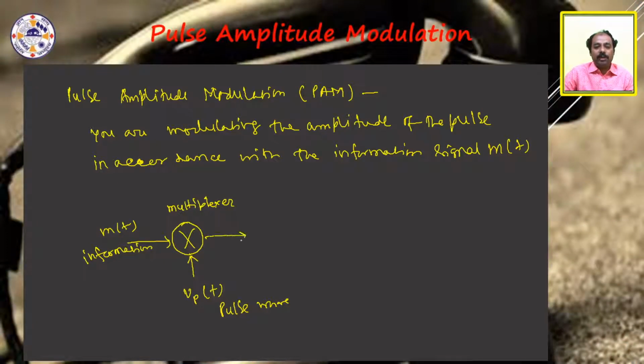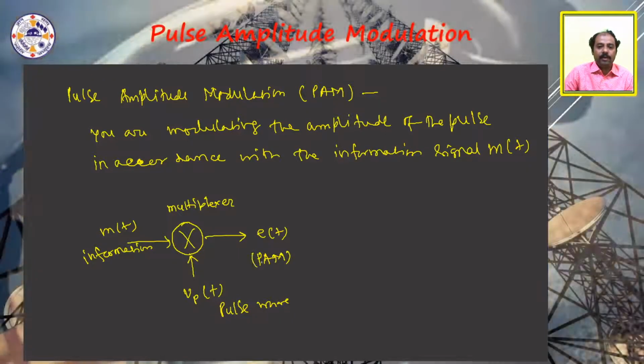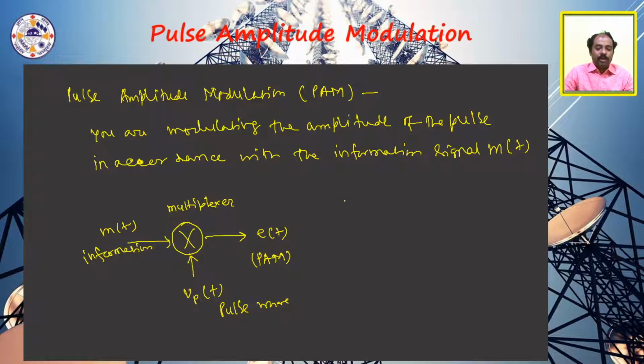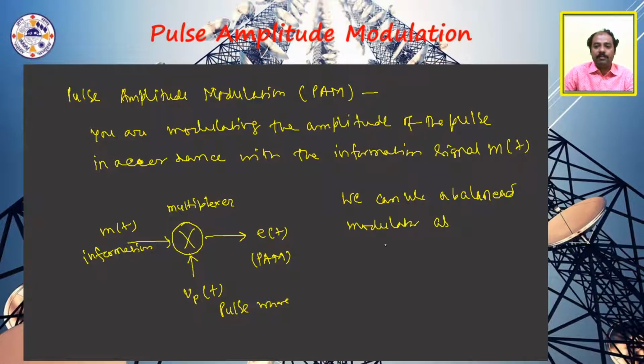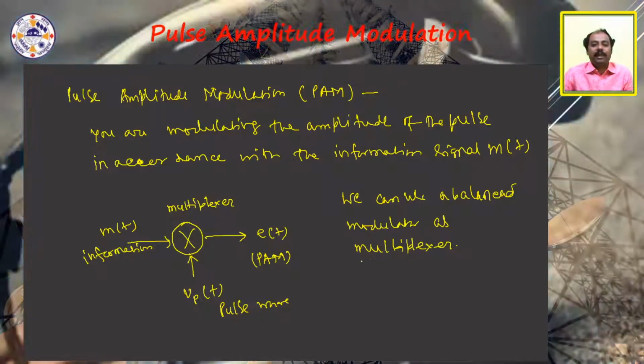So here we will get the pulse amplitude modulated wave. Now actually, as a multiplexer we can use a balanced modulator. Fine. So we can use a balanced modulator as a multiplexer.